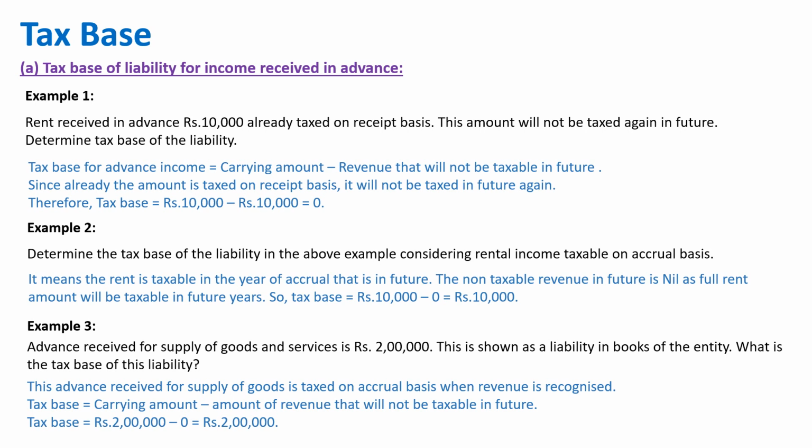Tax base equal to carrying amount minus amount of revenue that will not be taxable in future. So here tax base is rupees 2 lakh minus 0 equal to rupees 2 lakh. Why is it 0? Because the complete amount is taxable in future and our formula talks about not taxable, hence it is 0.